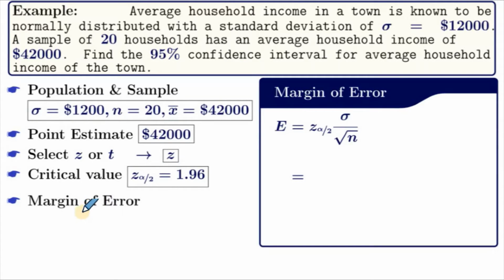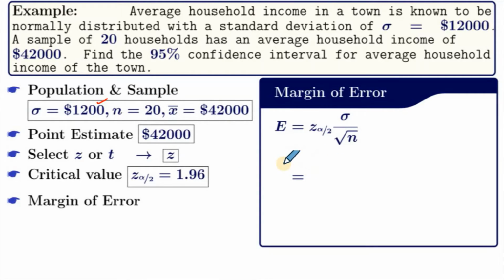Now let's calculate margin of error. We have this formula here for margin of error, and we know Z alpha by 2 is 1.96. Our sigma is this. Our N is 20. Now let's substitute the values we have.